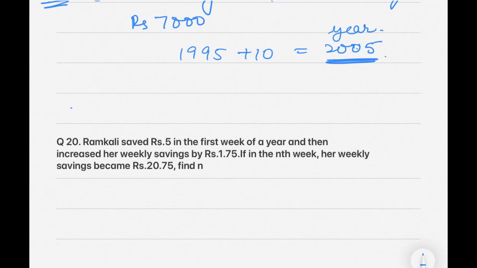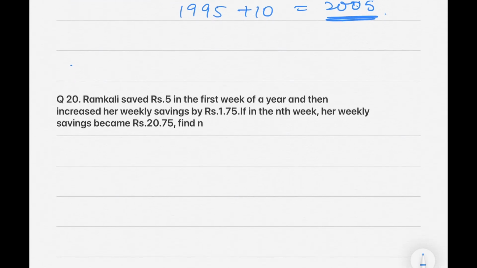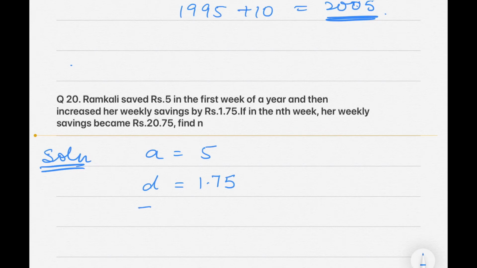From the question we know that my first term A is equal to 5, because she saved 5 rupees. Then every week she is saving 1.75 more, so that will be added to her savings every week. And my last term Tn is given as 20.75 and I have to find n.